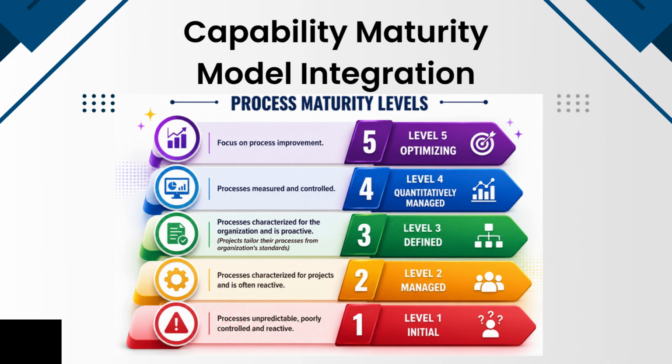Level 5, Optimizing. Finally, we have Level 5, which is the optimizing level. This is the highest maturity level. At this stage, the organization focuses on continuous process improvement. It regularly uses feedback, innovation, new technologies, and data analysis to improve its processes, increase efficiency, reduce risks, and deliver higher quality products and services.